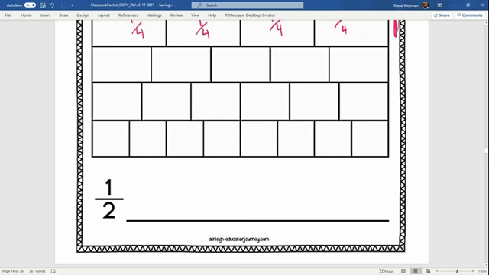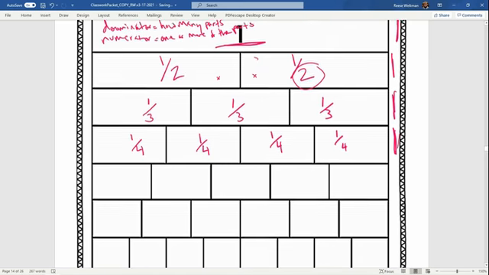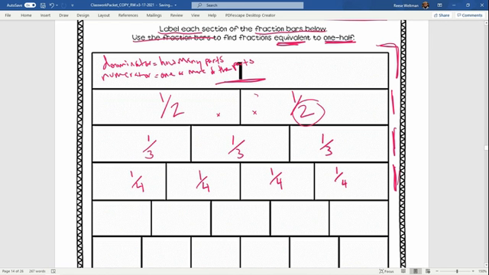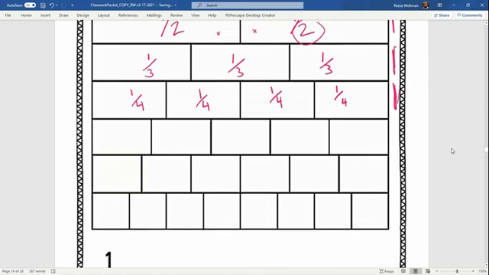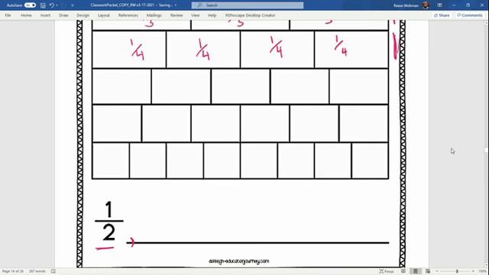Down at the bottom here is where you're going to, after you go through and mark all these, find what it says at the top, which is to find fractions that are equivalent to 1/2. So down here, you're going to write next to it, with a comma because we're using it as a series, a list of all the fractions you found above that are equivalent to 1/2.